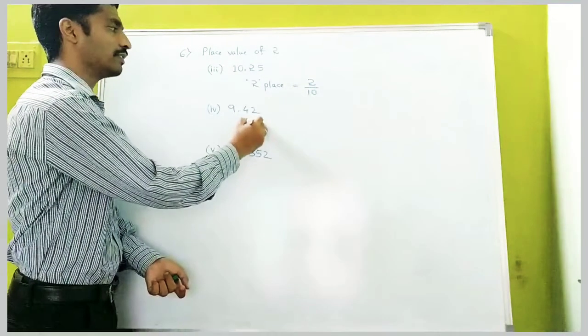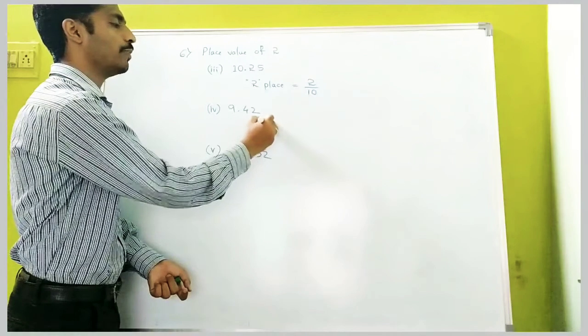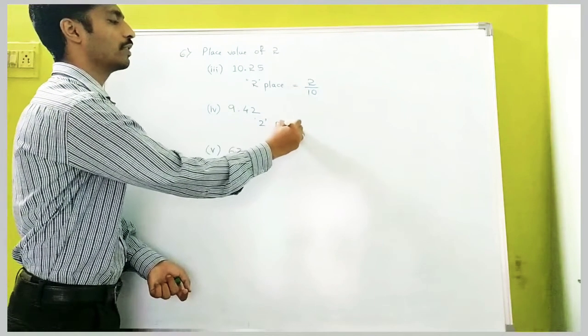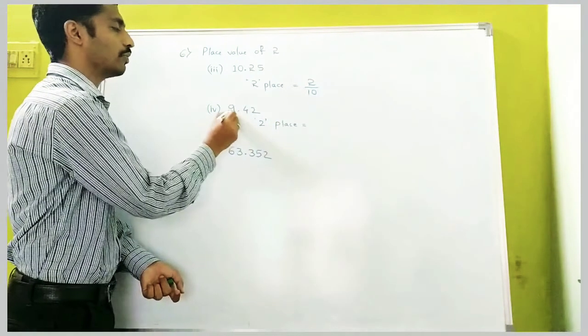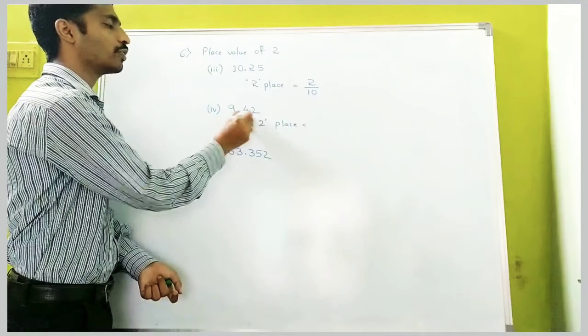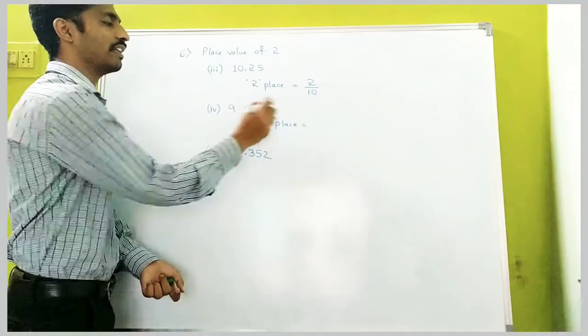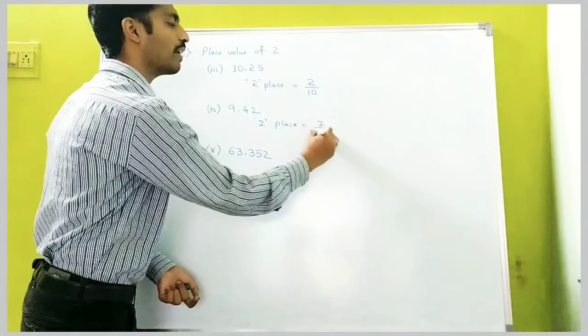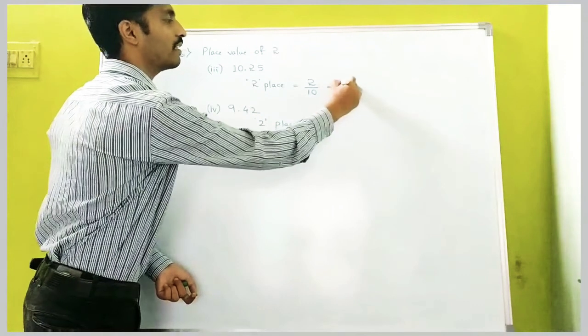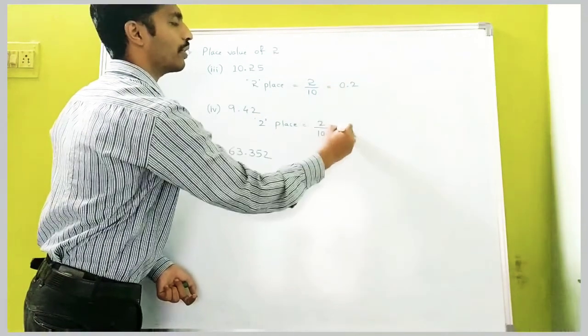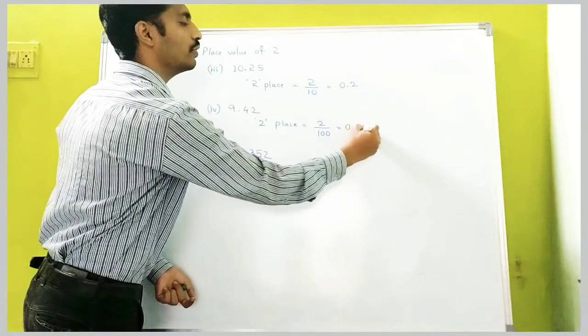Okay, here 2's place will be 9.42. So here it is tens, next hundreds. It means 2 by 100. So you can write here 0.2. You can write here also 0.02.